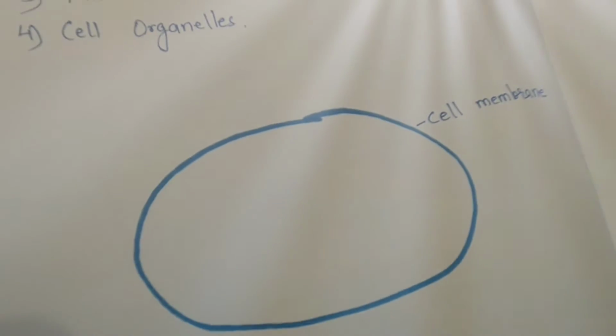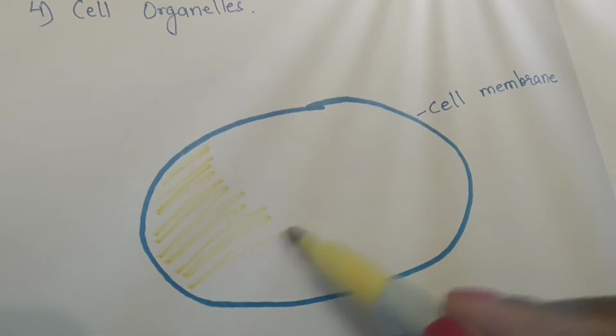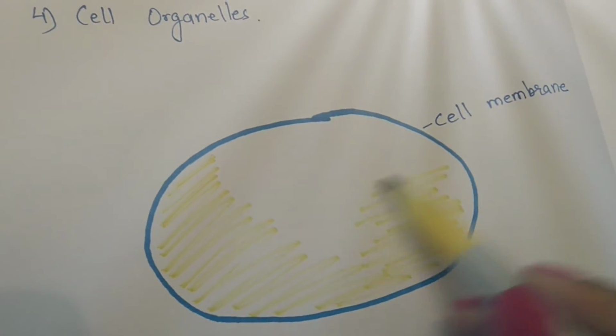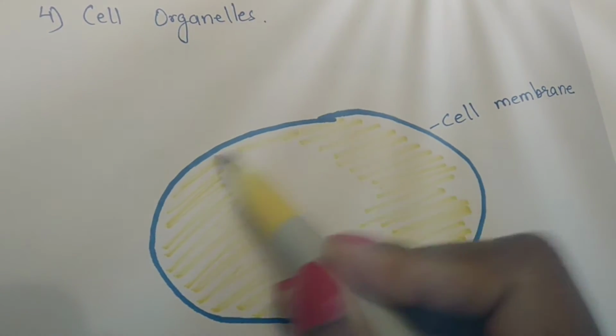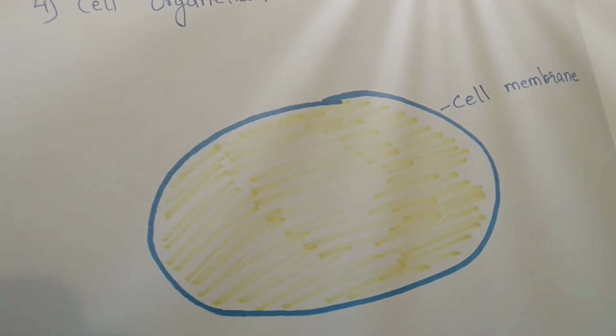Inside this cell membrane, you'll see a gel-like material which holds all the components of the cell inside, and this gel-like material is called cytoplasm.